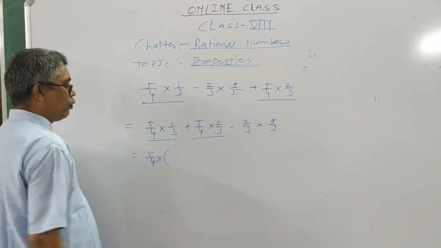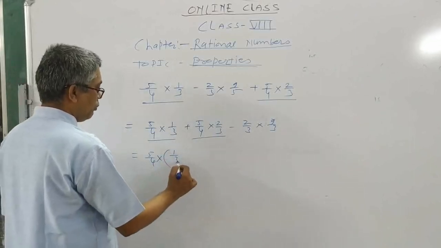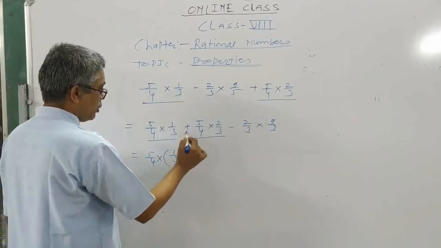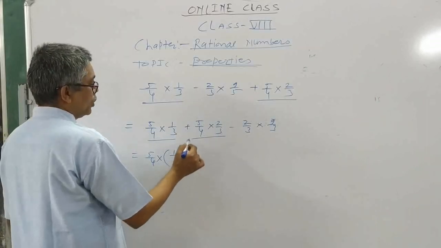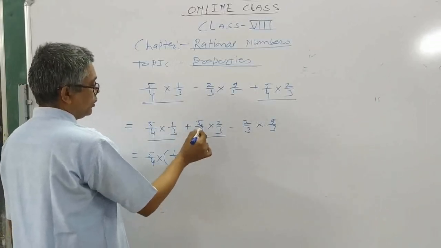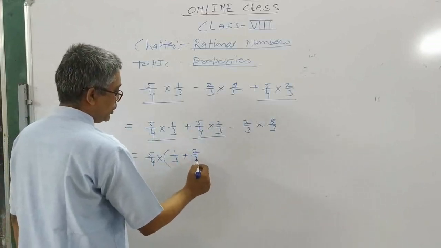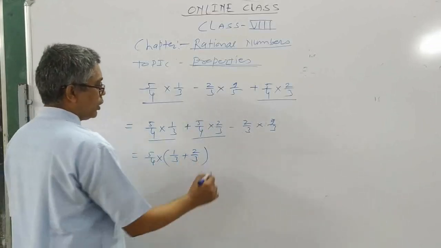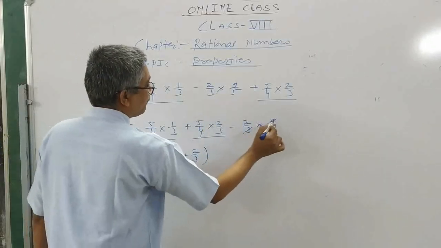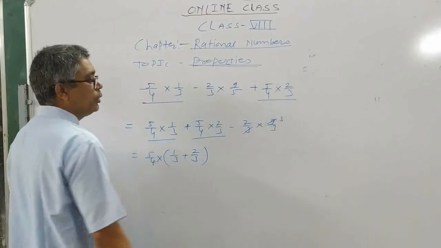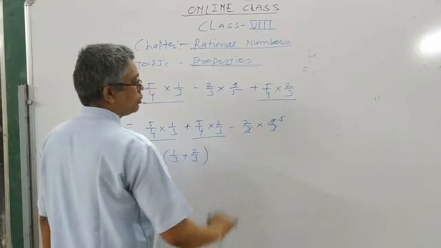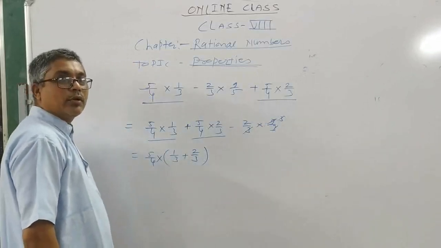So 5 by 4 into bracket. In bracket we get 1 by 3. Here the middle term has a plus sign. Then we have to take out 5 by 4 outside, so here 2 by 3 is there. So we write 2 by 3. And again 3 3s are 9, then we divide this by 3.